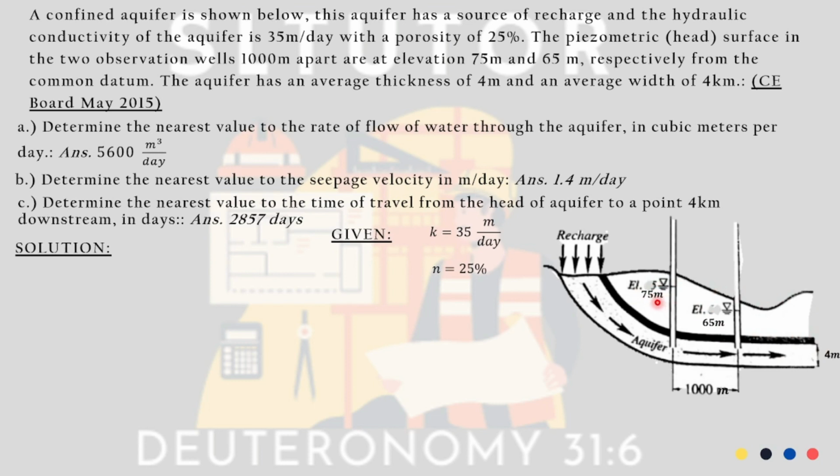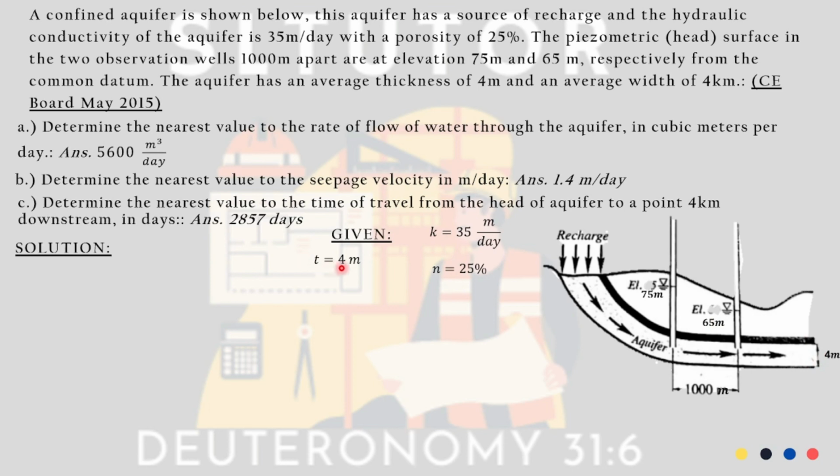So, 75 meters, 65 meters. And then, ito po yung recharge niya. Ito yung aquifer. This is on the confined aquifer. 1,000 meters yung distance nila apart. And then, yung thickness naman niya is 4 meters.